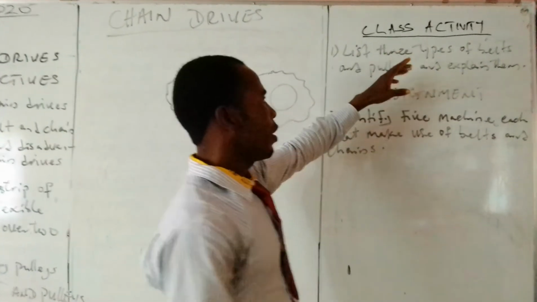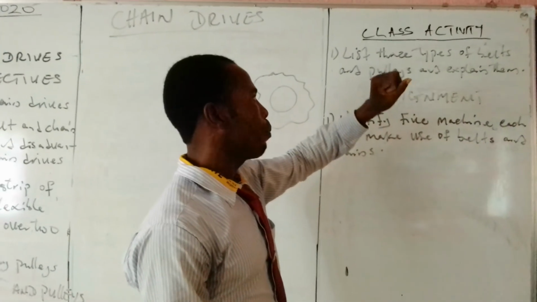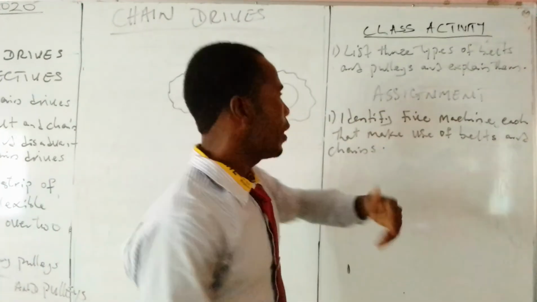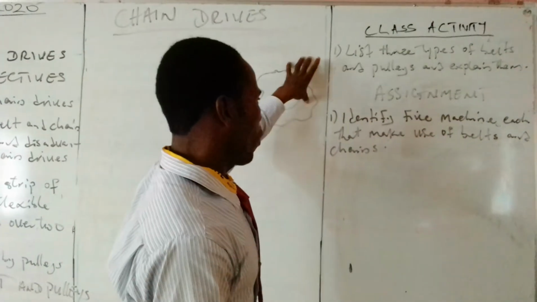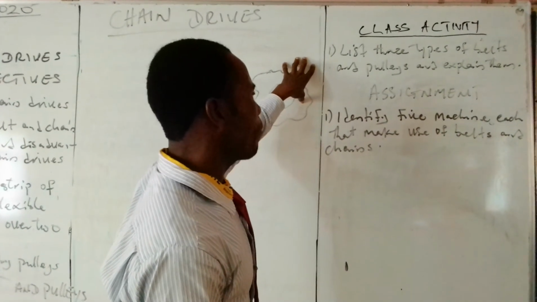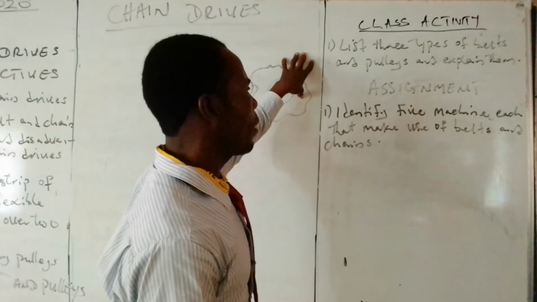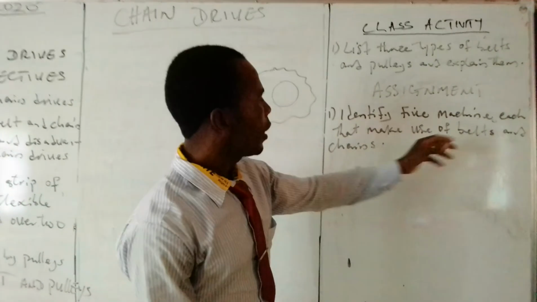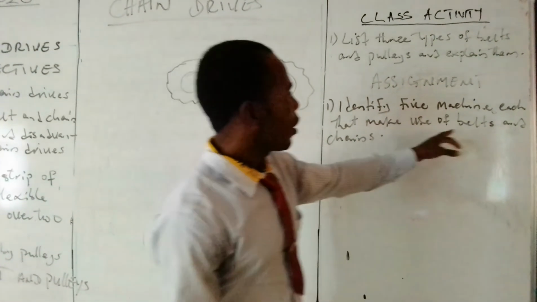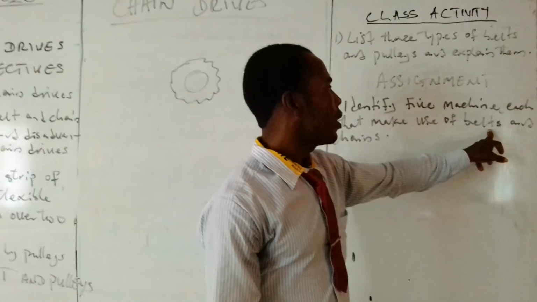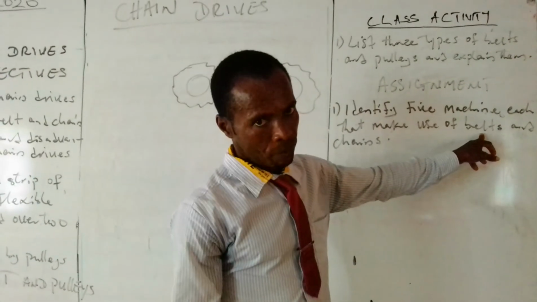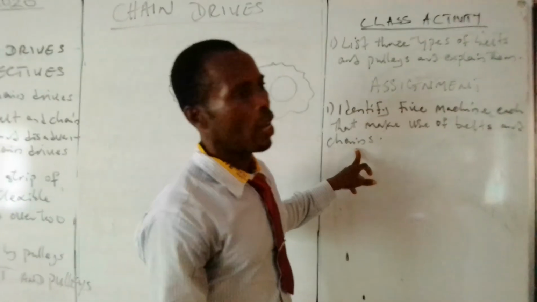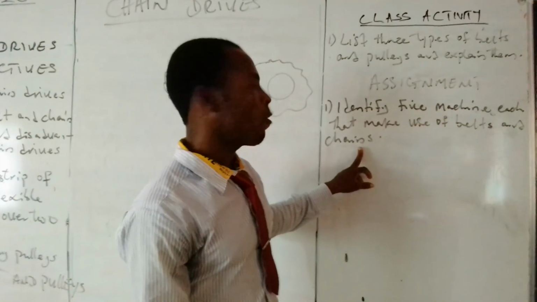Assignment: number one, identify five machines that make use of belt and five that make use of chain. Mention five under belt, and also five under chain.